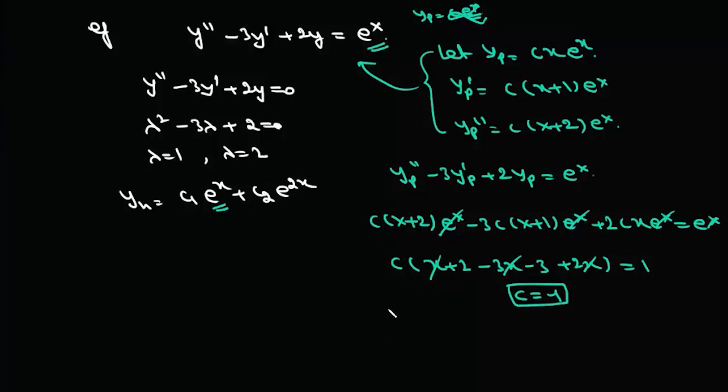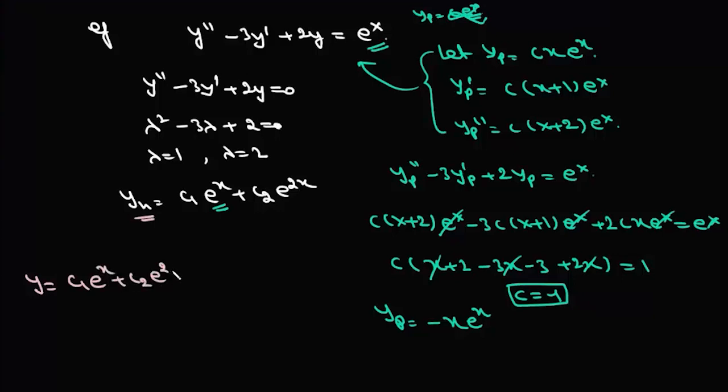So its particular solution will be minus x into e to the power x, and the solution to this differential equation will be simply yh plus yp. So y is c1 e to the power x plus c2 e to the power 2x minus x into e to the power x.